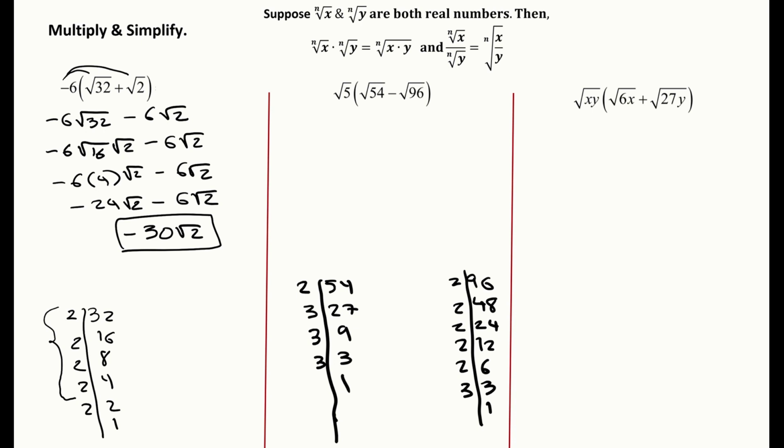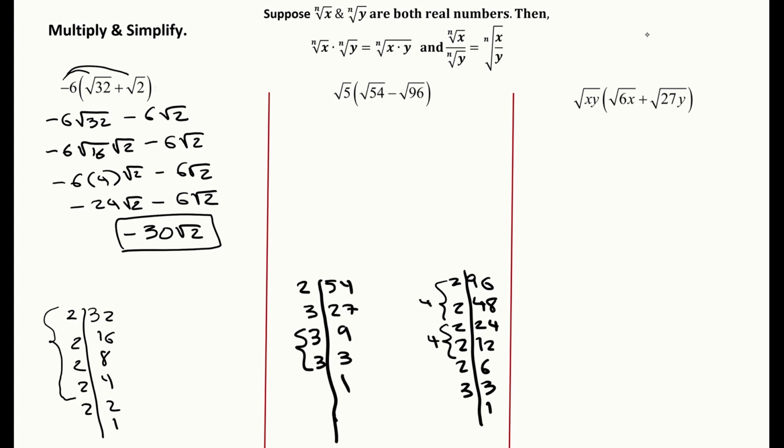So within 54 we can see there is one perfect square, 9, and within 96 we can see there is 2 times 2, so 4 times 4. So we have a perfect square of 16 within the factorization of 96.